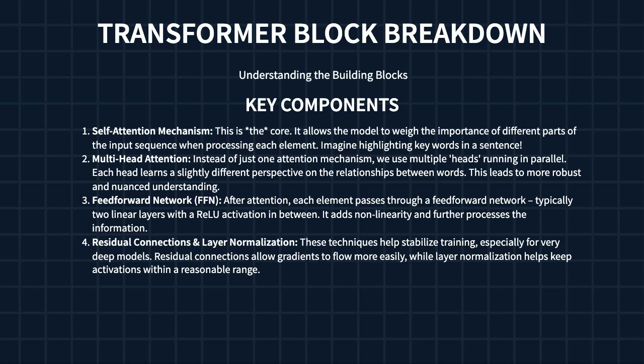To make this process even better, we use multi-head attention, which means we run several self-attention mechanisms in parallel, each looking at the data from a slightly different angle. Then, after the attention layer, there's a feed-forward network that processes the information further. Finally, residual connections and layer normalization help keep everything stable during training, crucial for building these huge models.